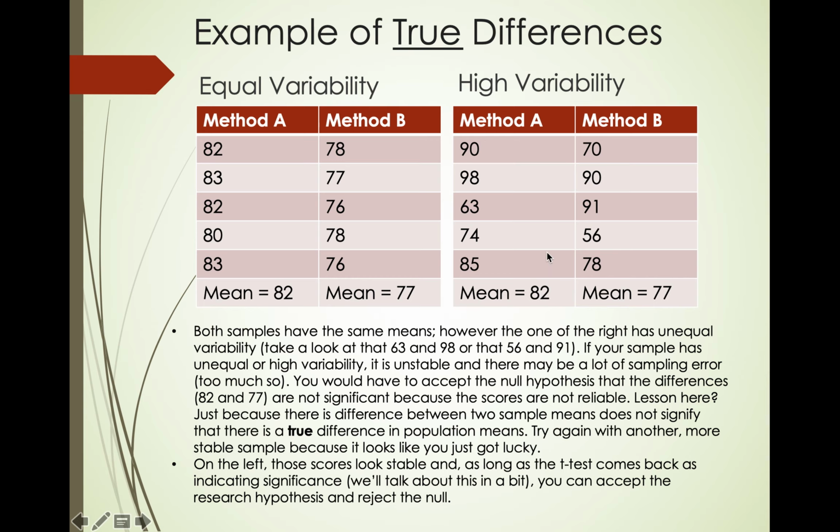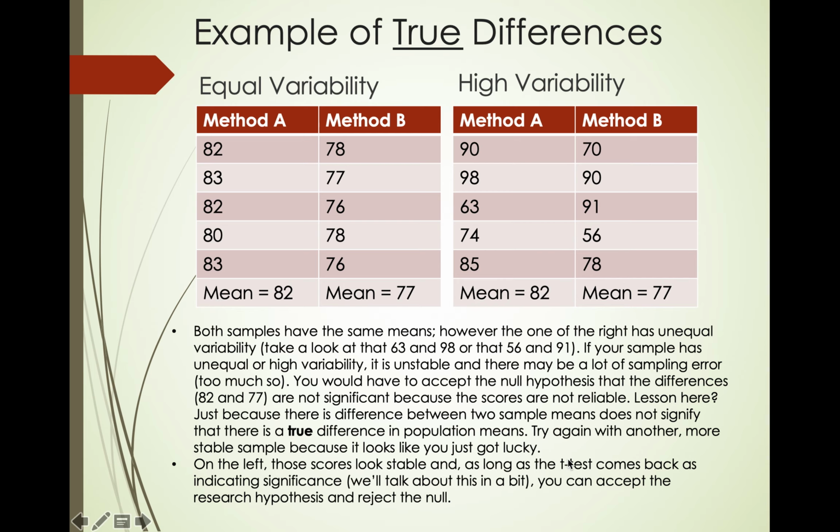So in that case, your samples are unstable and you would need to accept the null hypothesis, because while there could be statistically significant differences between these 82 and 77, your sample is just not stable and the scores are not reliable. So the lesson here is that just because there's a difference between two sample means does not signify that there's a true difference in population means.